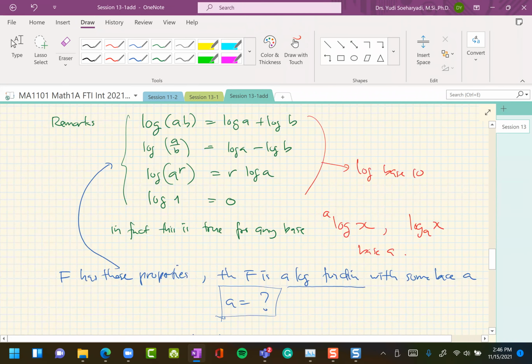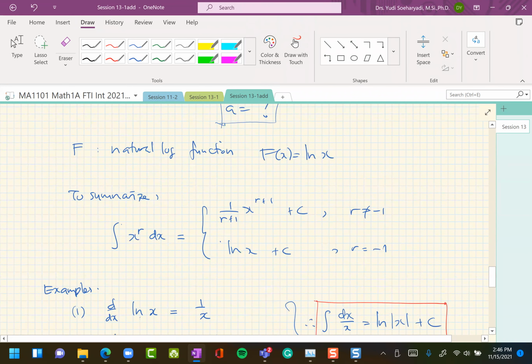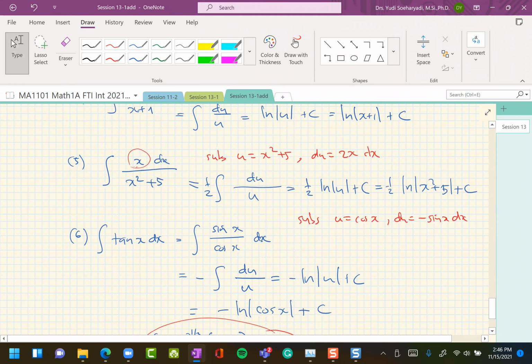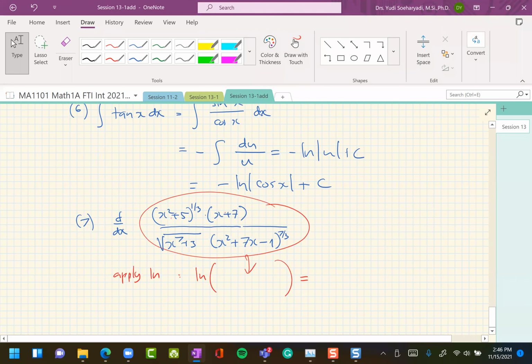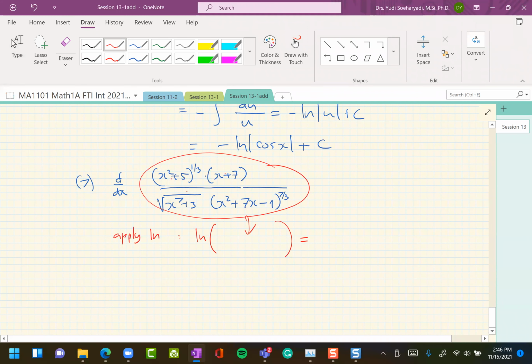Okay, so using this, when you apply log to this one, you actually have this plus this. Take the 1/3 out: 1/3 ln of x squared plus 5.